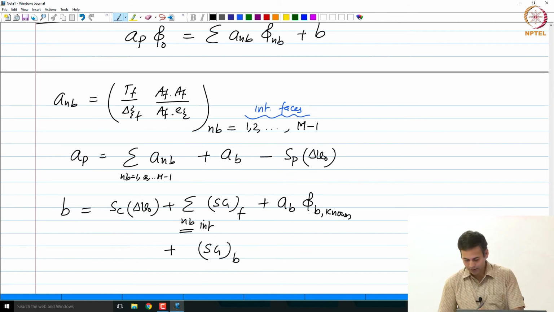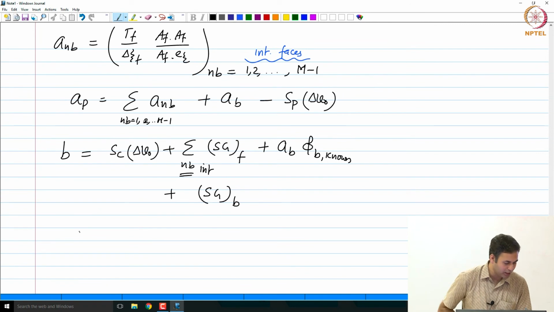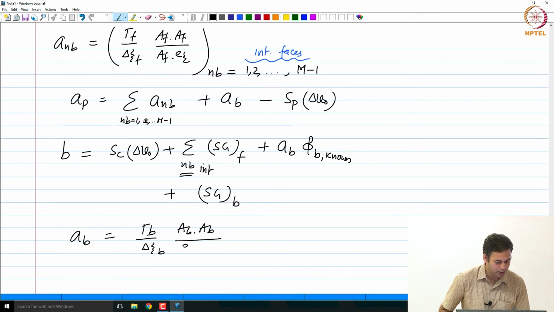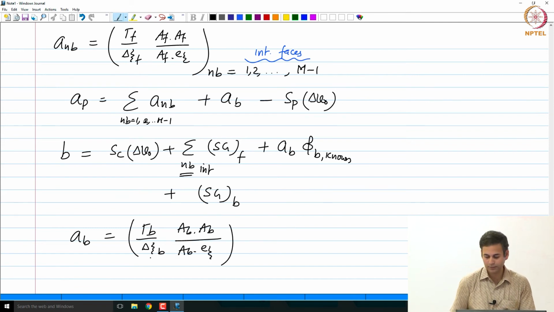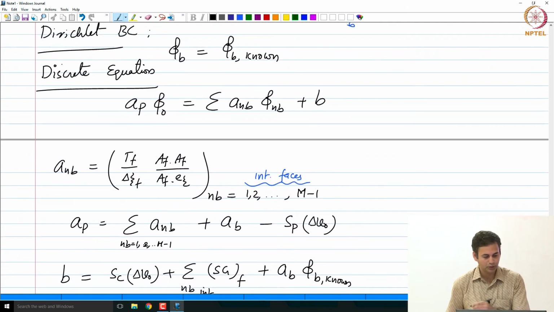Of course, I did not write what is AB. AB itself is similar to the A and B. AB would be gamma B by del xi B, AB dot AB by AB dot E xi, right? That is your AB. Fine, is that okay? Everybody, any questions on this?